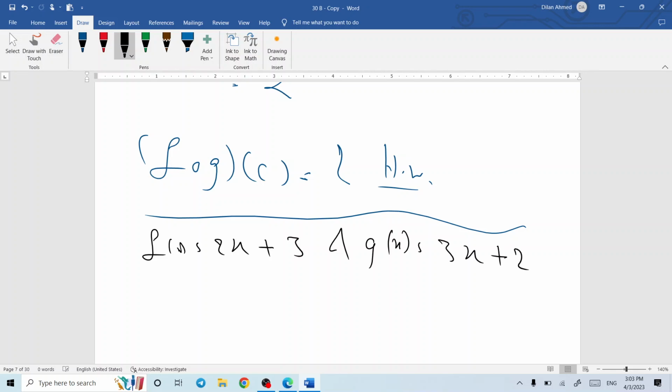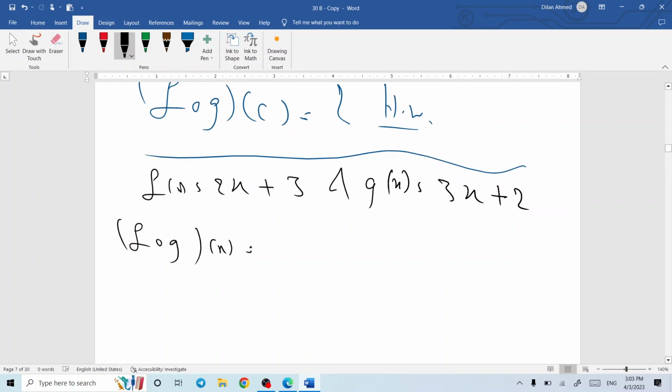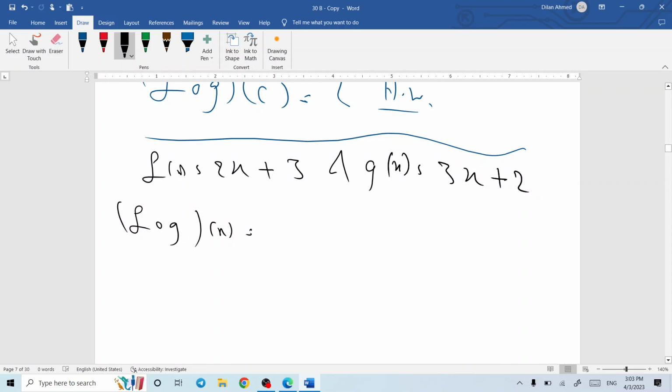Or maybe square root of 2, I don't know, it depends on the question. Whatever you like. So I say find F circle G of x generally. So how do you solve? Kindly try to understand that one. You can answer all of them. So how do we answer that one?